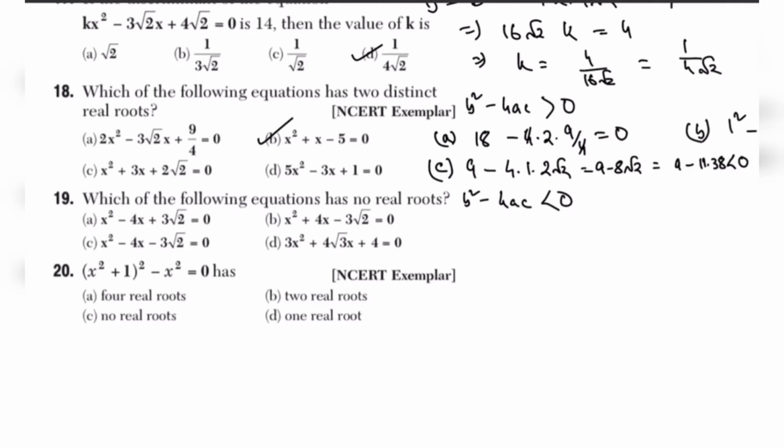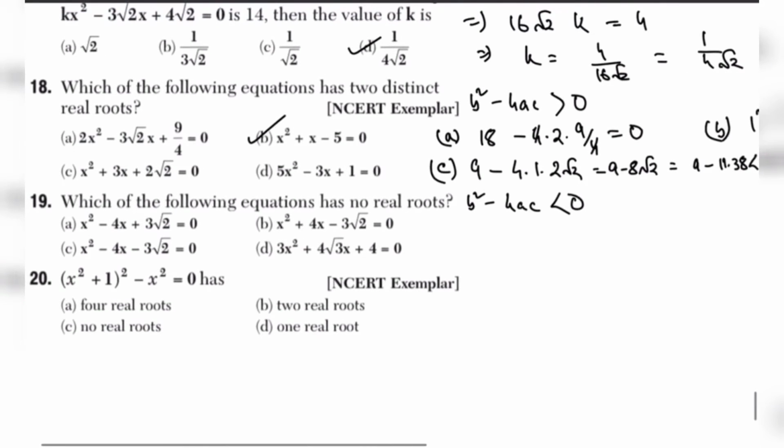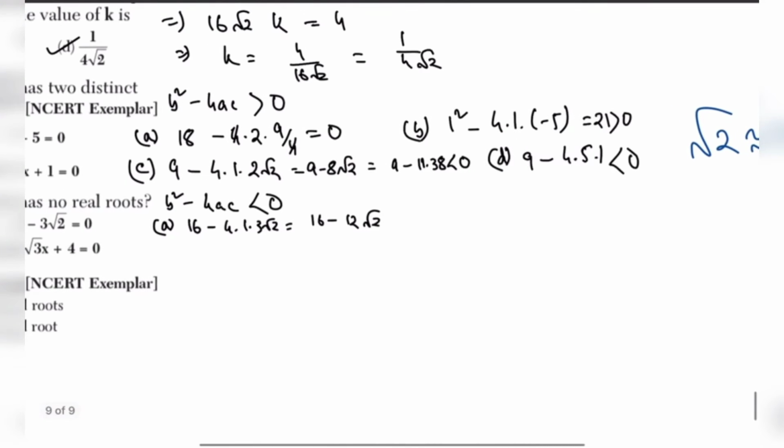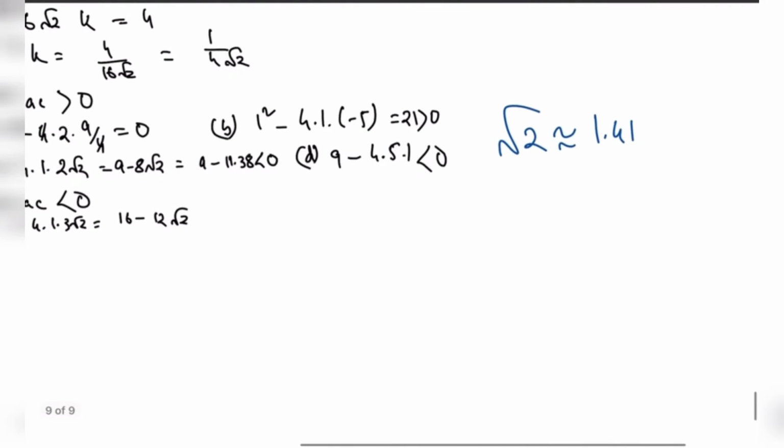Let's start with option A. B square becomes 16 minus 4 times 1 times 3 root 2, equal to 16 minus 12 root 2. Root 2, as we said, is approximately 1.41. So we want 141 times 12.